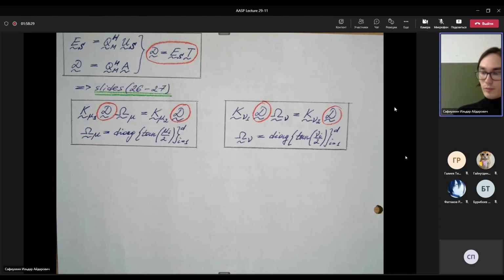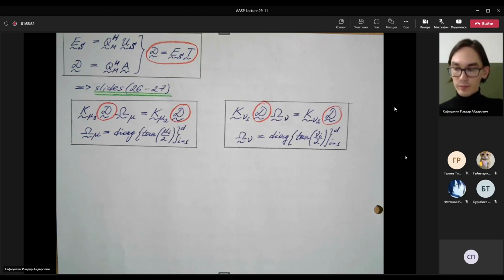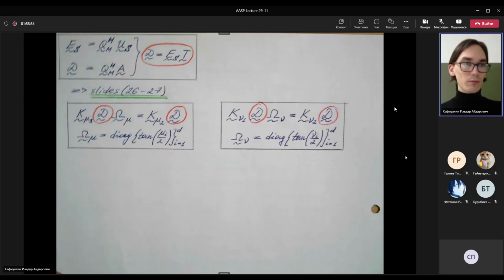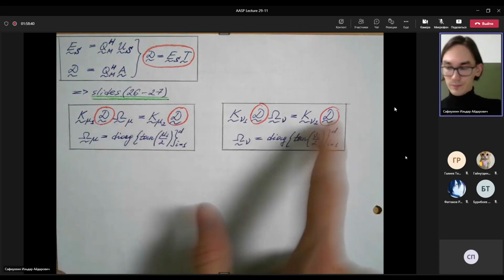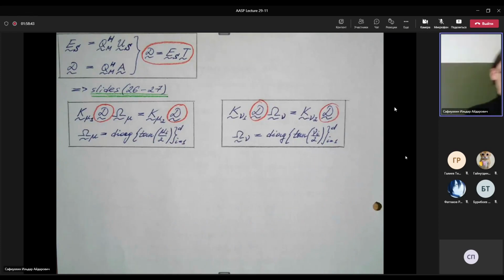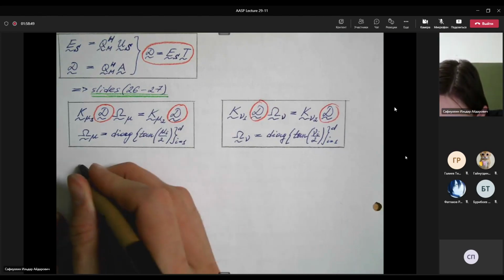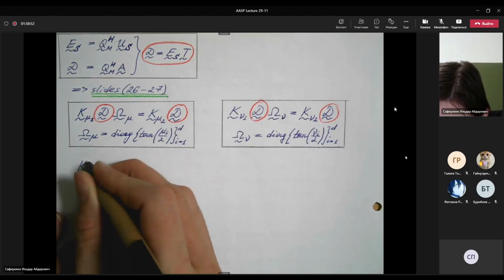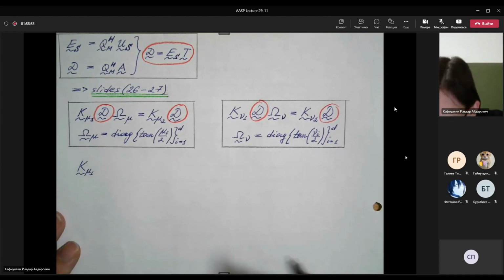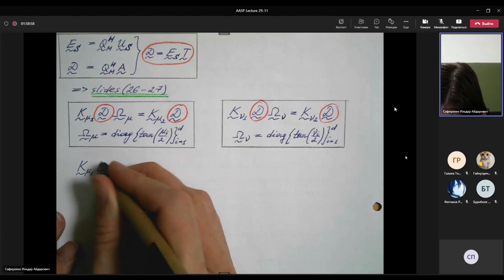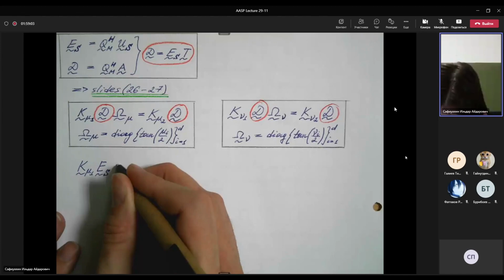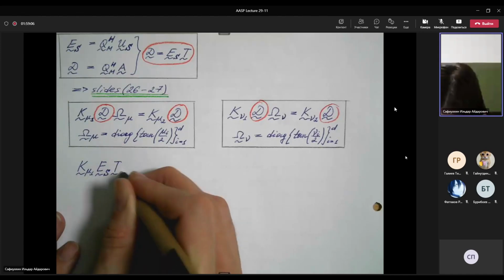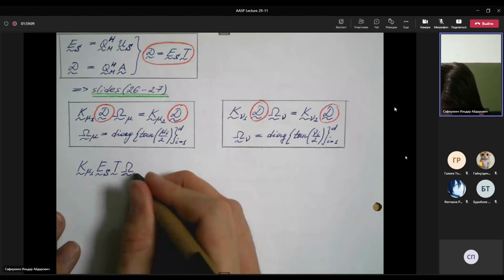Then let's put, instead of D, this E subcapital S times T, here and here, here and here. We will have selection matrix K sub mu sub 1 times E subcapital S times transform matrix T times matrix omega sub mu.